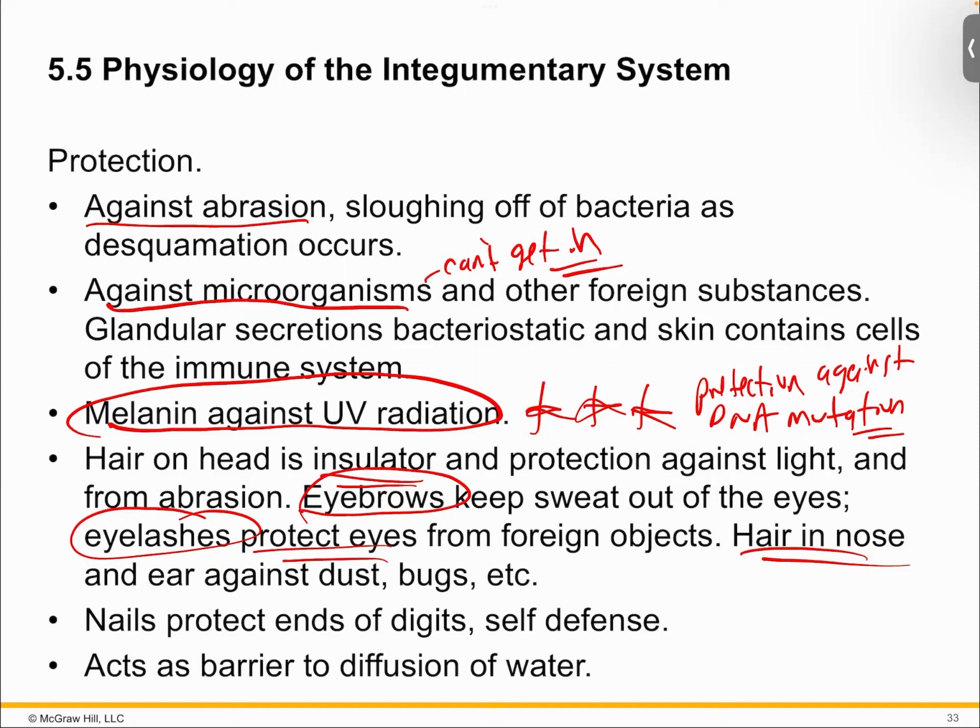So this is supposed to be self-defense, but think about it. It's not really self-defense, is it? It's pretty puny. If you've got long nails and you try to defend yourself, what's going to happen to your nail before you do any significant damage? It's going to break off. It's going to be like, darn it.